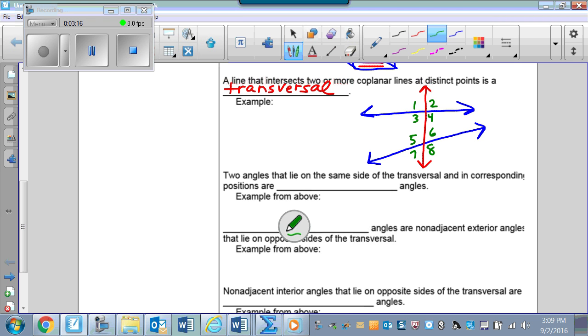And we're going to use this diagram here to answer a few questions below. So looking at this question here, two angles that lie on the same side of the transversal. So if the transversal's red, of course we're talking about either the right side or the left side. Lie on the same side of the transversal and in corresponding positions are corresponding angles.